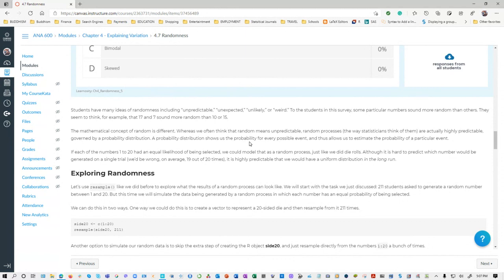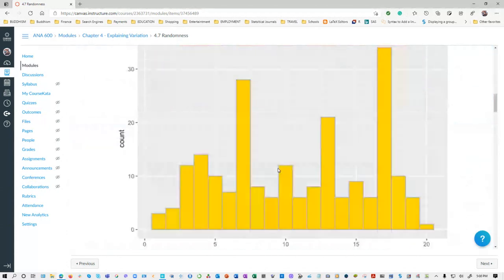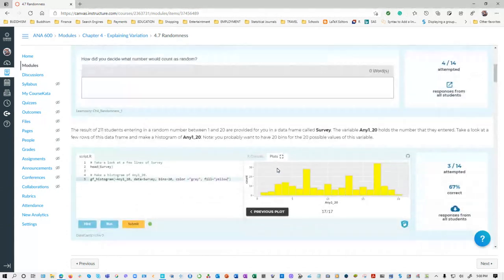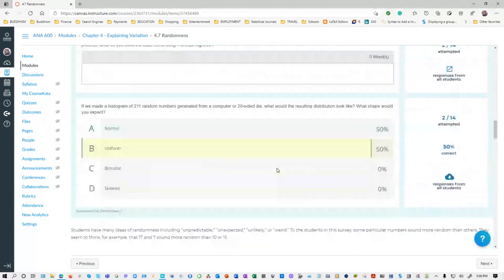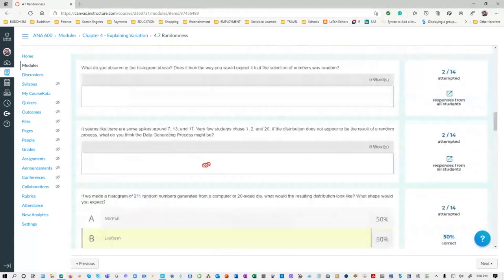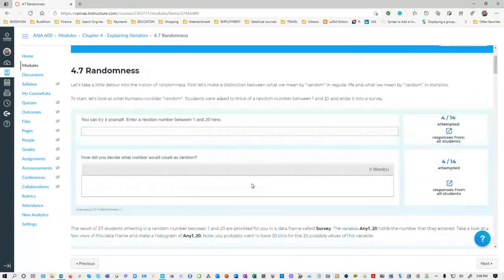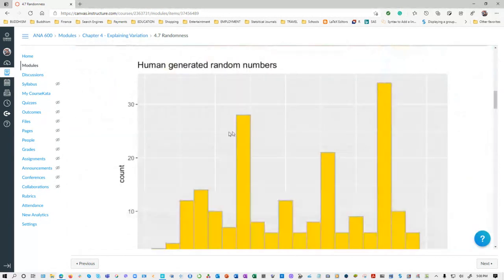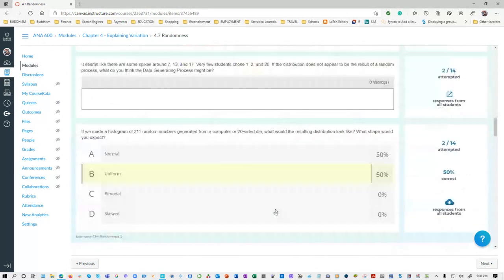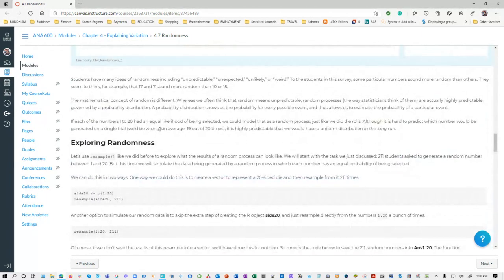In regular day-to-day life, they thought a different way. They thought that two numbers were going to occur more frequently than the other numbers. But the mathematical concept of random is different.